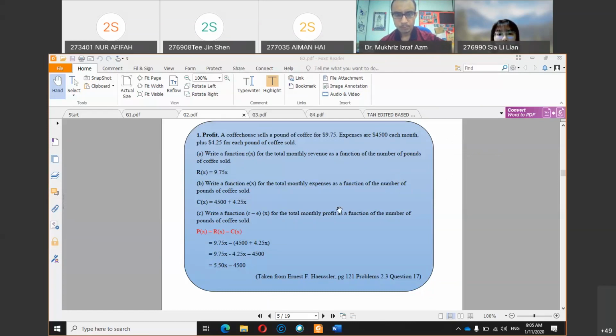So the cost equation is 4,500 plus 4.25x. For the profit function, we take the difference between the revenue function and the cost function: 9.75x minus (4,500 plus 4.25x). Okay, so I think this one is clear.